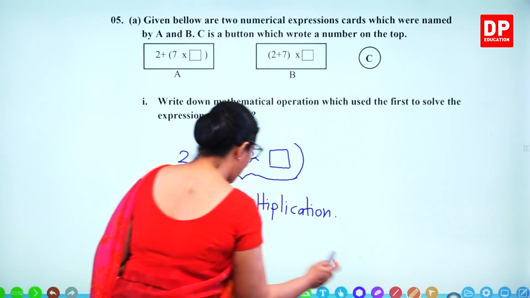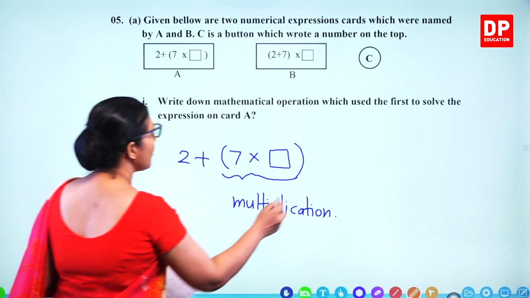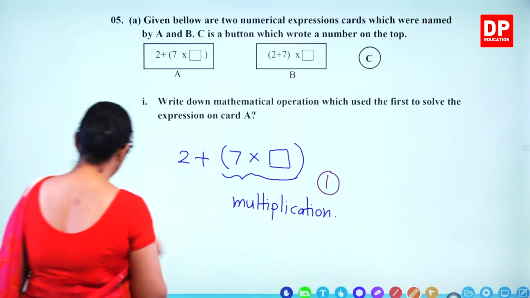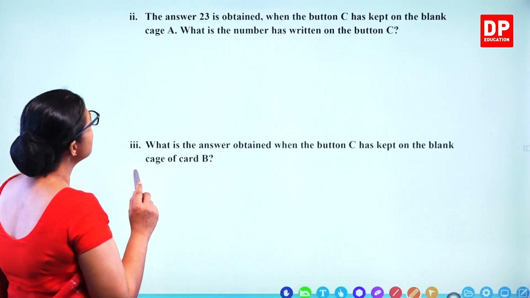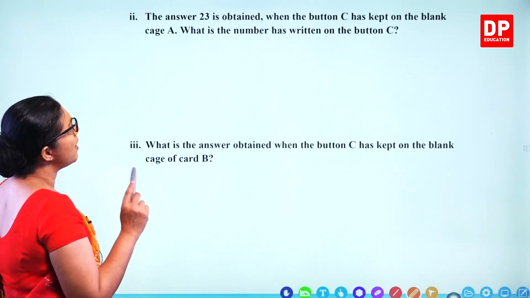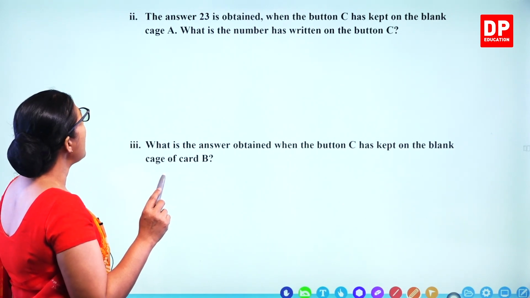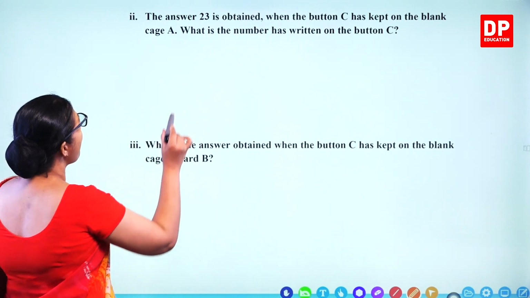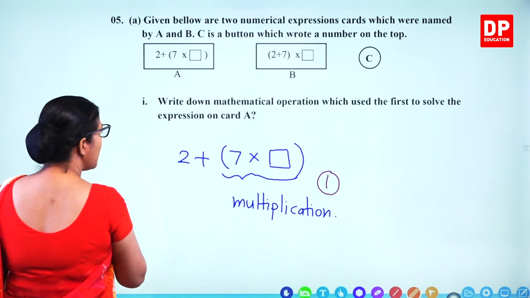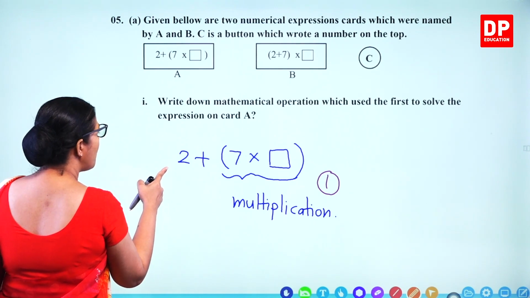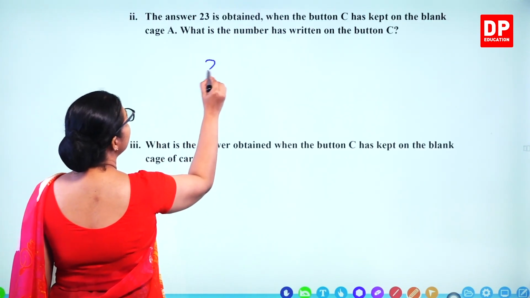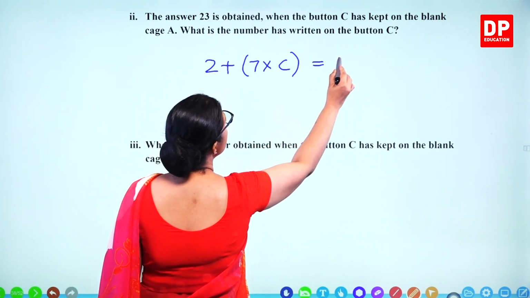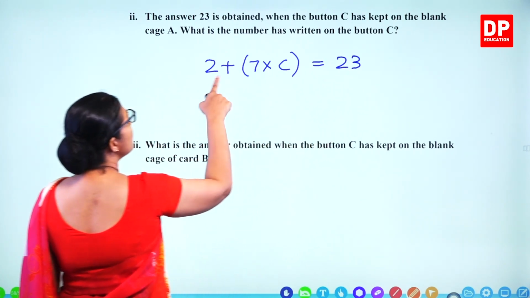How many marks for the first one? Just 1 mark. The answer 23 is obtained when the button C has been kept on the blank of card A. What is the number written on button C? So the answer is 2 plus 7 times C. The answer is 23. How do you get 23?